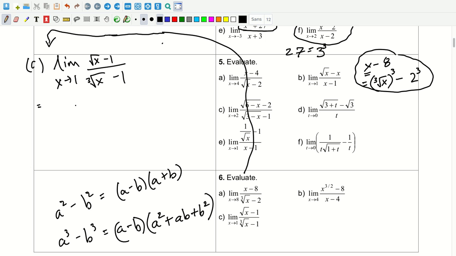Key is don't panic, right? And this one isn't looking too obvious either. I know I probably got to pull out something that has a factor of 1. Or, sorry, a factor that's 0 when x is 1.